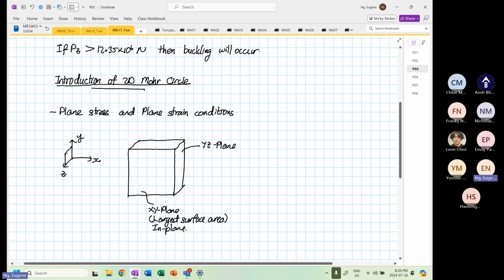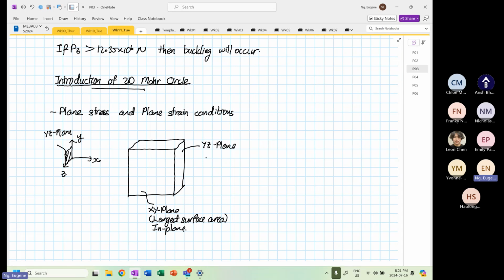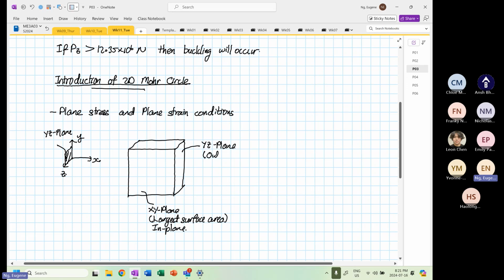This surface on this transformation over here, this is our YZ plane. Okay. It's not difficult, it's just getting used to it. So the YZ plane is not the largest surface area. So this is our out of plane. Okay, so likewise for this case, this is our XZ plane. And again, this is our out of plane.